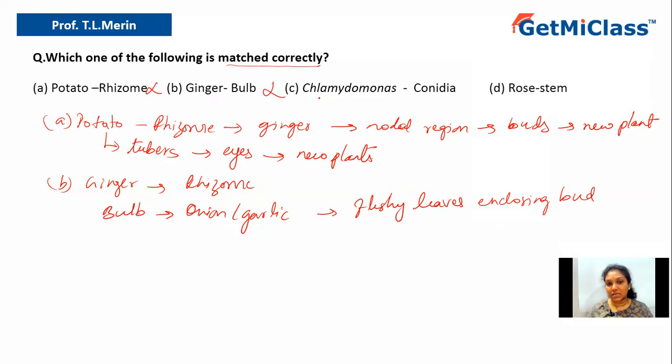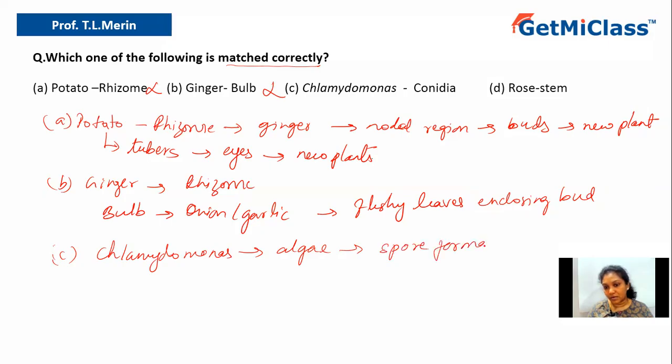What about option C? Option C says Chlamydomonas, conidia. What is Chlamydomonas? Chlamydomonas is a type of algae, and these reproduce by spore formation. But they have matched it with conidia.